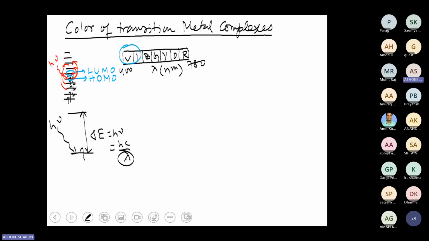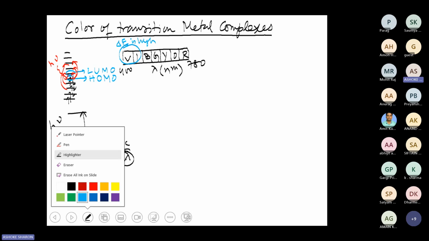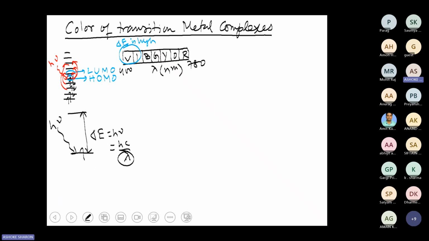This is high energy light. Whereas in the other case, if delta E is less, then light from this lower energy region will be absorbed.